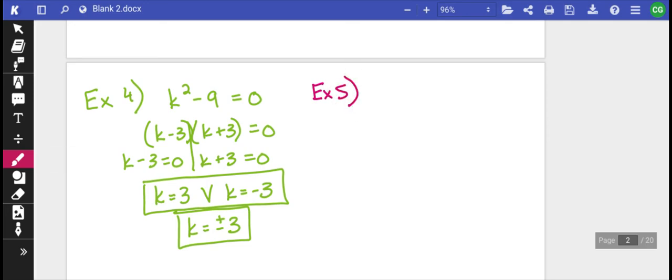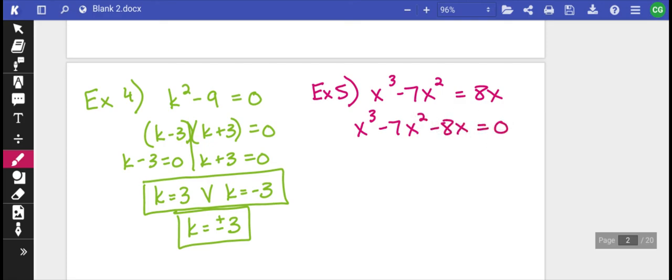This one is x to the third minus 7x squared equals 8x. First let's get this equal to 0. So x to the third minus 7x squared minus 8x equals 0. Now we have a GCF. I have x times x squared minus 7x minus 8 equals 0.